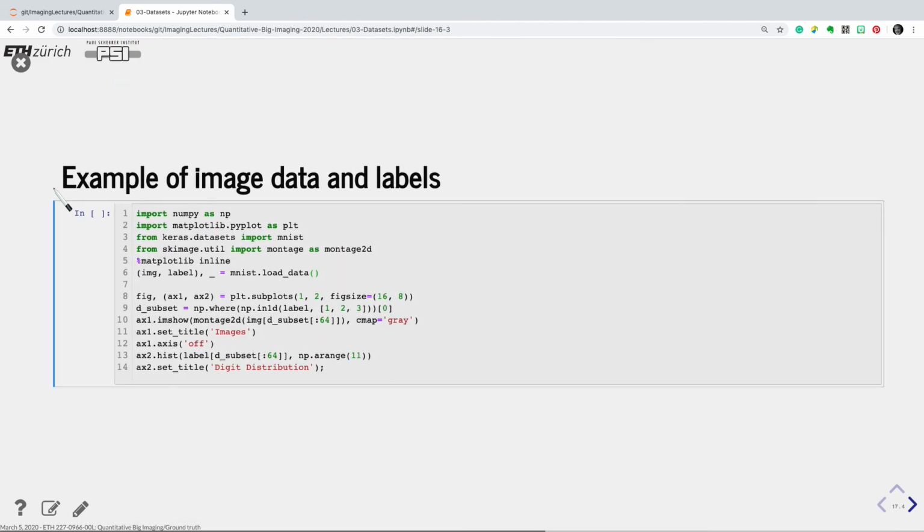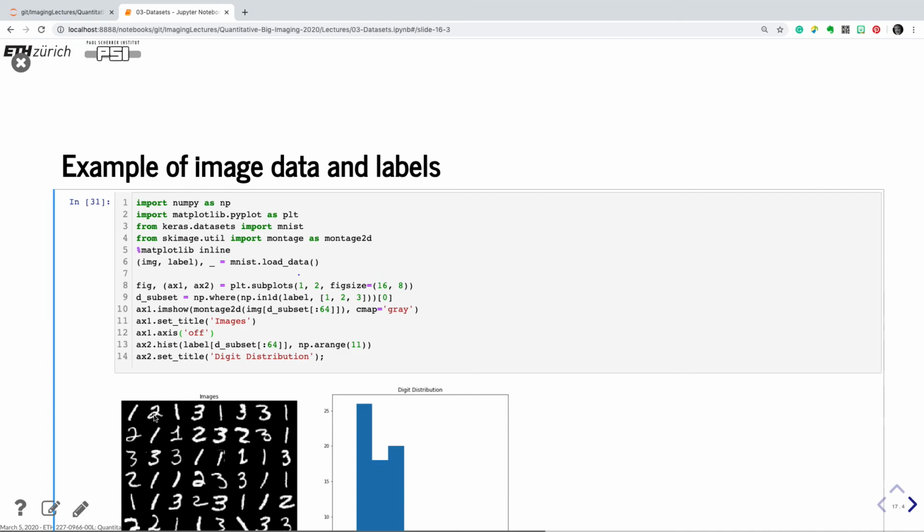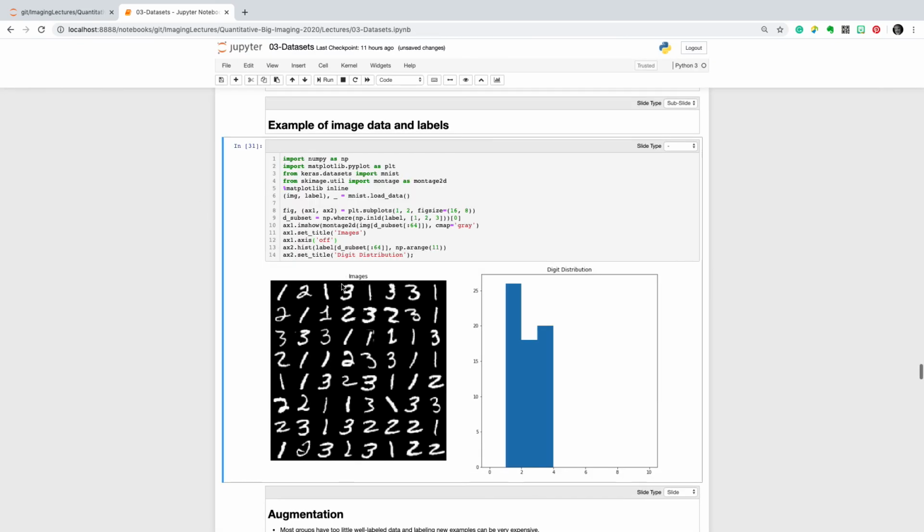So here comes a little example, and now we load some data, so it's the numbers again. And now I need to switch that one off. Yep. And loading the data, we have now a collection of 1s, 2s, 3s in a data set. Unfortunately, right now, the histogram doesn't want to show, so I need to show it like this.